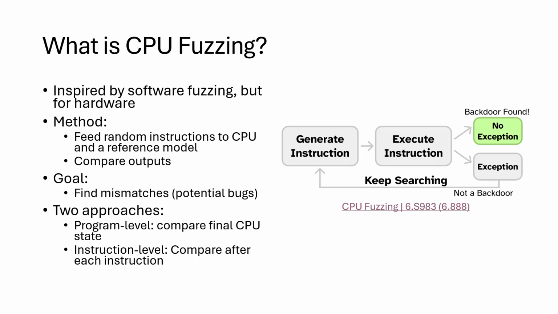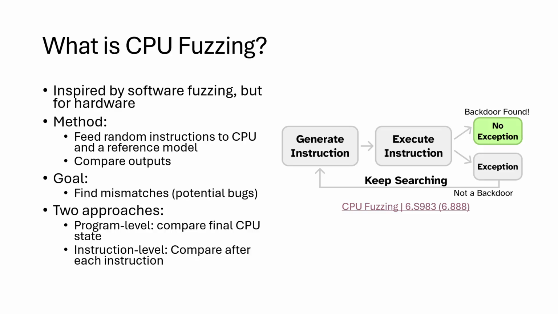And you have the actual CPU model itself. You feed the same inputs from the fuzzer, the random instructions, to both, and you compare the two outputs. If they don't match, you may have found a bug. And since we are taking the reference model to be correct, that's the intended execution of the CPU, likely a bug will be found in the actual hardware implementation of the CPU.